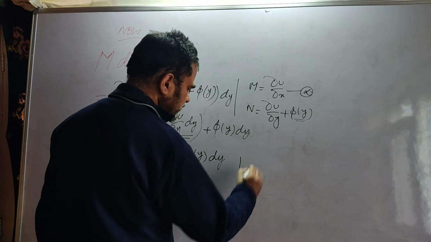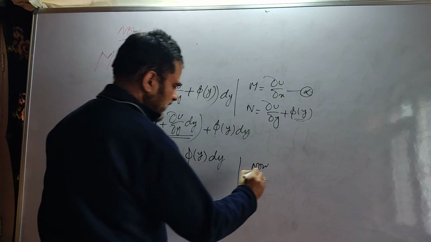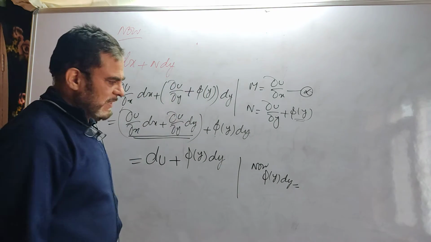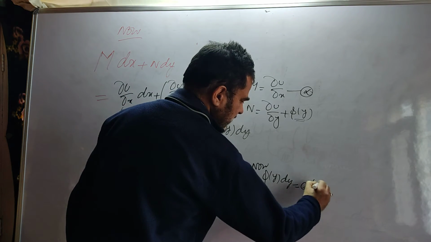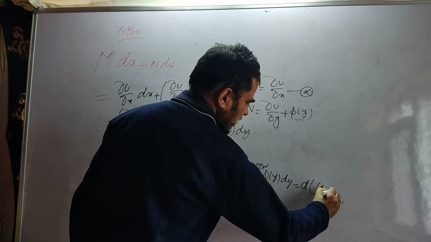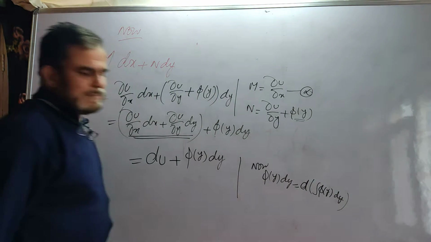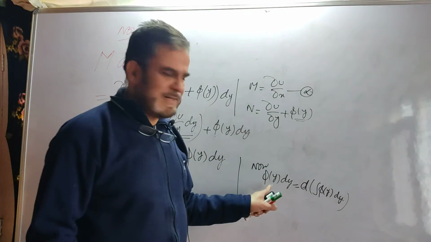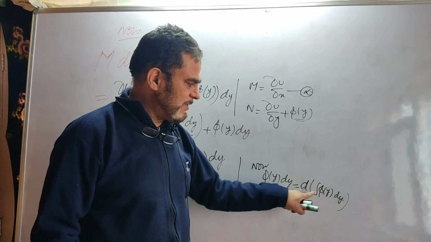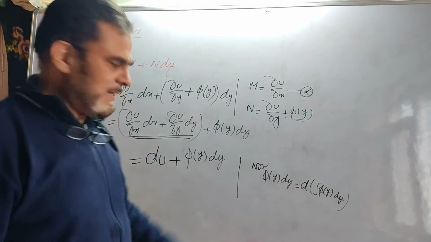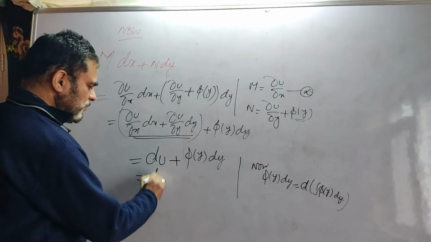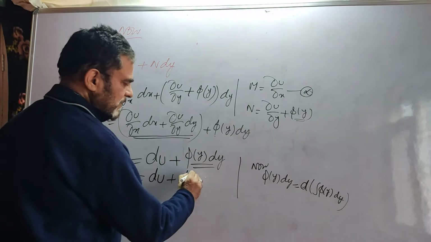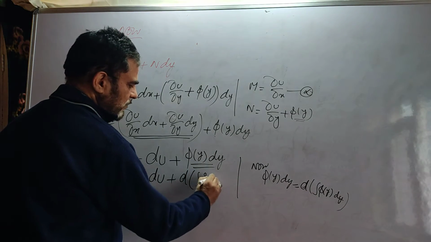Now I can write, note this setup, phi of y dy, I can write as d of integral of phi of y dy. Because integral and derivative are reciprocals of each other, you will again get phi of y dy. Therefore, this is your du plus, instead of this, I will write d of integral of phi of y dy.